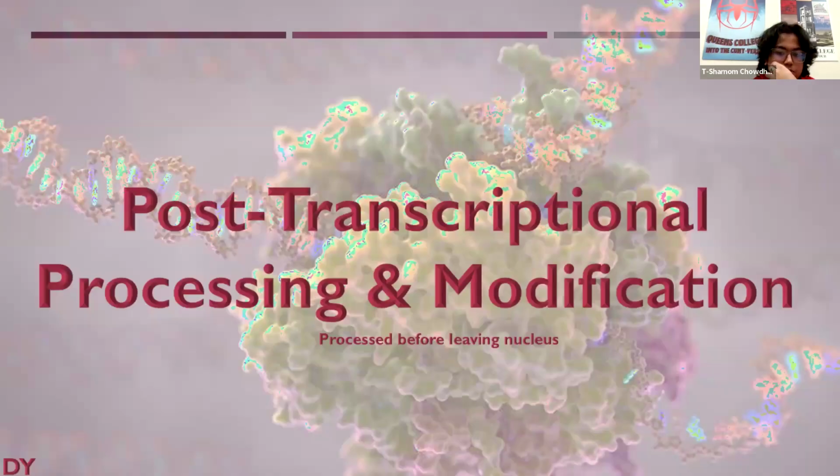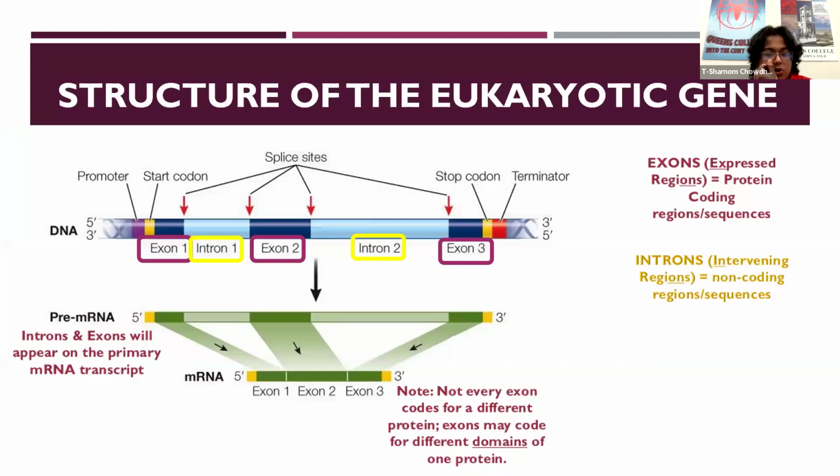So post-transcriptional processing and modification. Obviously it is processed before leaving the nucleus because the cell wants to make sure that you're not sending improper mRNA out, which will then create improper proteins. So you have exons and introns.